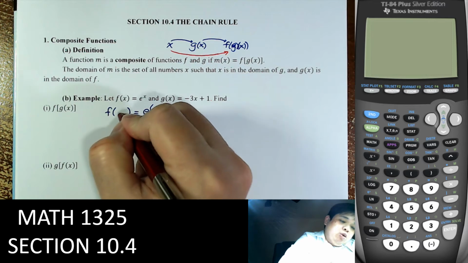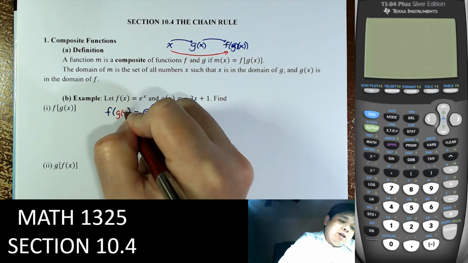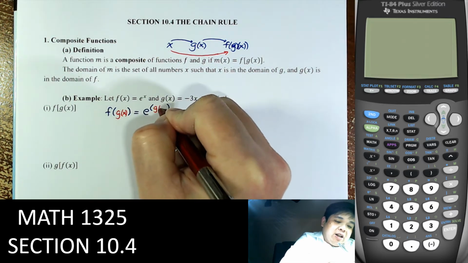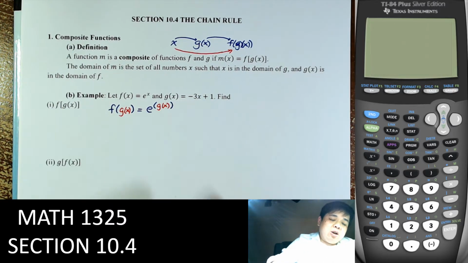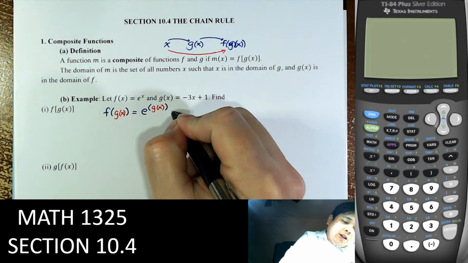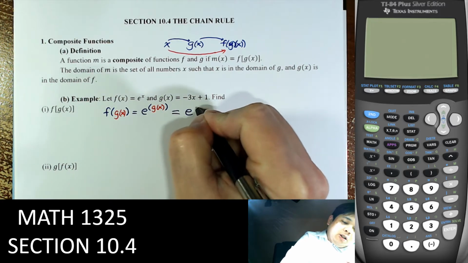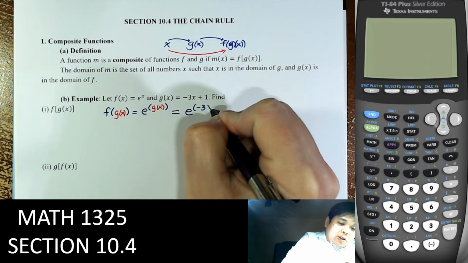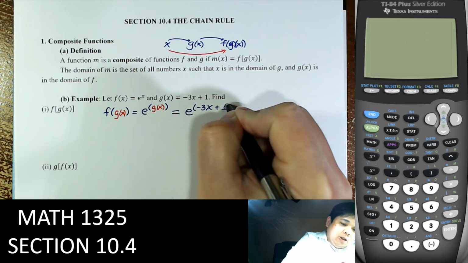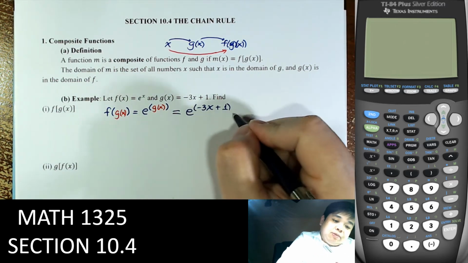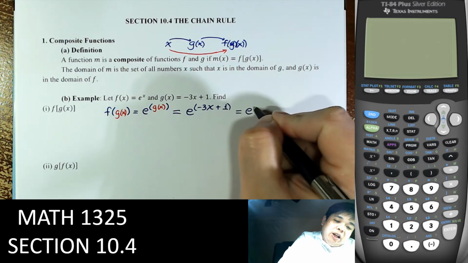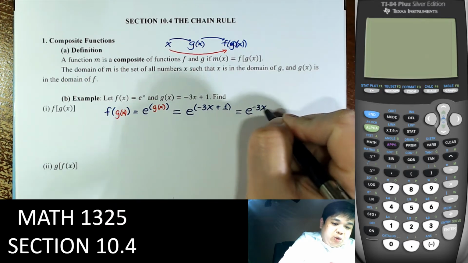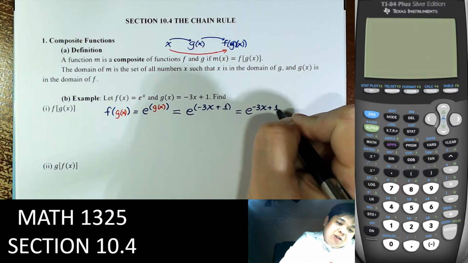And then I put g of x there, and g of x is equal to negative 3x plus 1. So I will say this is equal to e to the negative 3x plus 1. We really don't need to write the parentheses there.